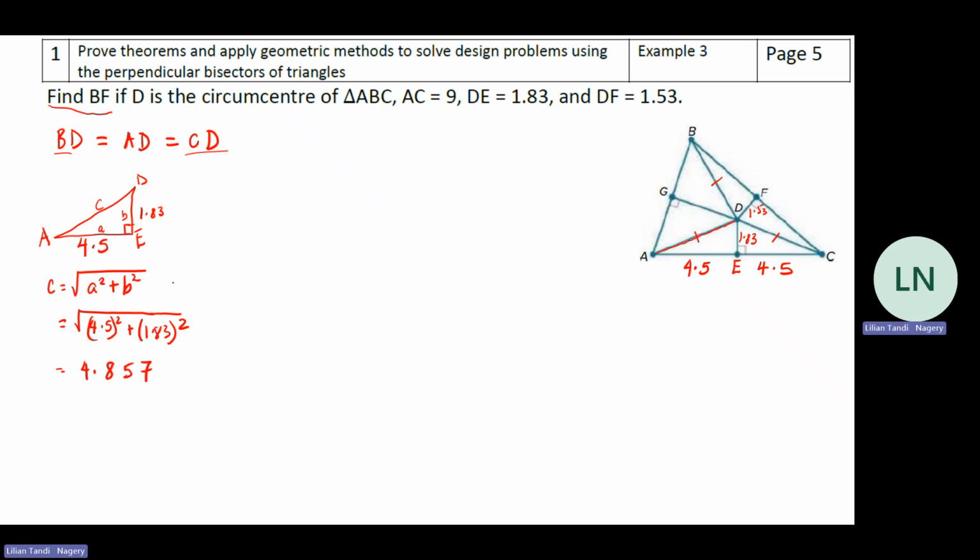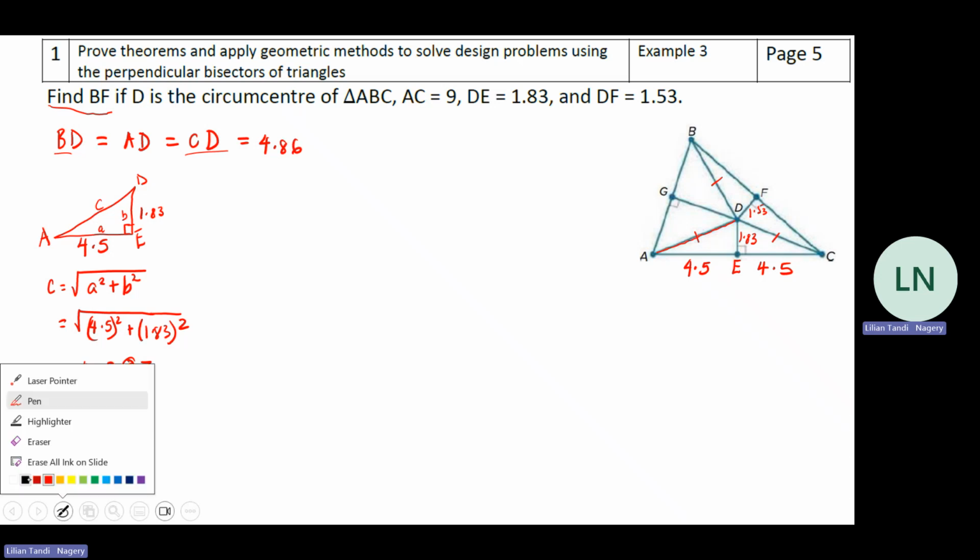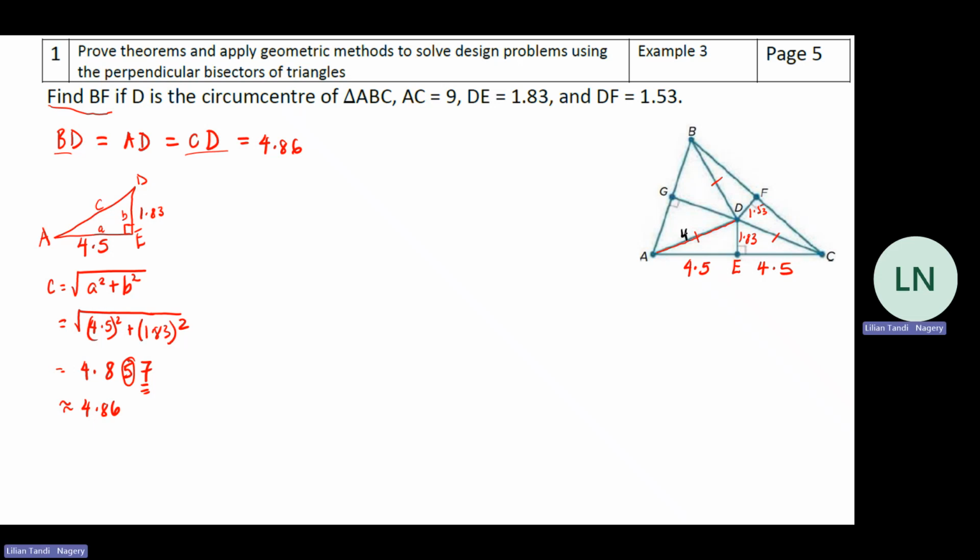Then let's round to the nearest hundredth. So we circle this, we underline that. So this is 4.86. So all these are equal to 4.86. So I will write here, let me use a different color, 4.86, 4.86, 4.86. The question wants BF.